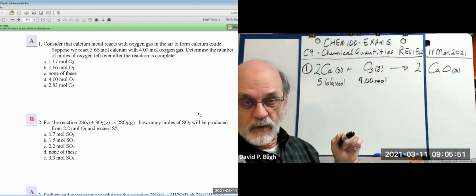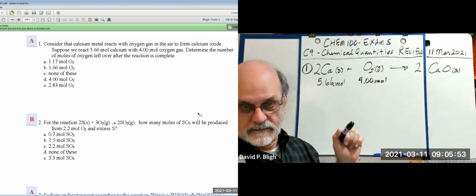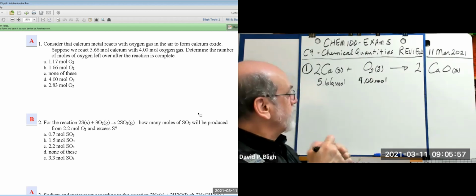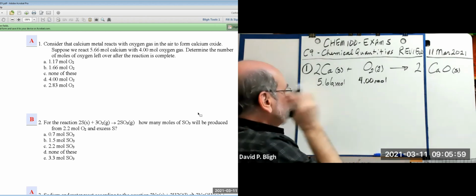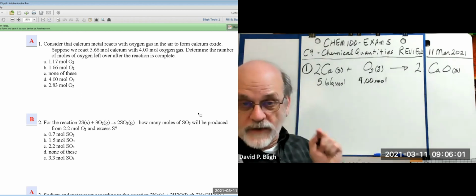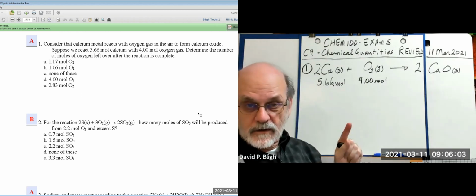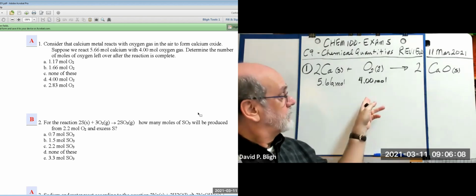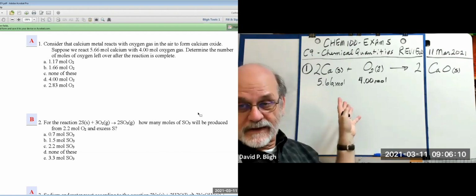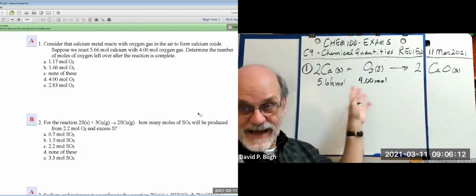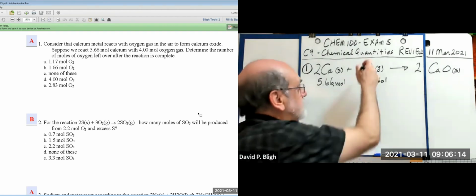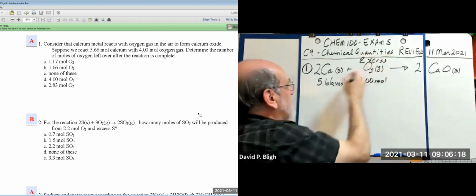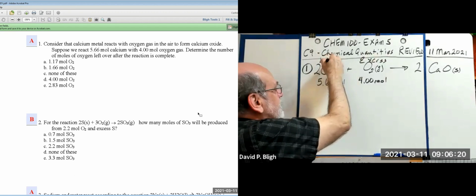The number of moles of oxygen left over after the reaction is complete. One thing that's also telling you is that if oxygen is left over, that must mean that it is excess. And this one is limiting.